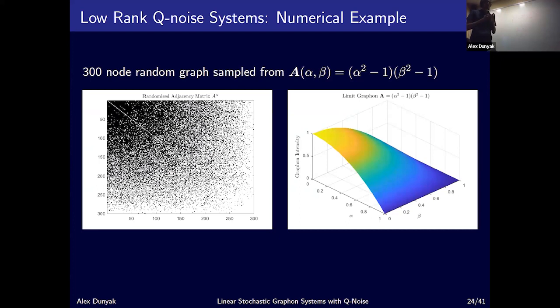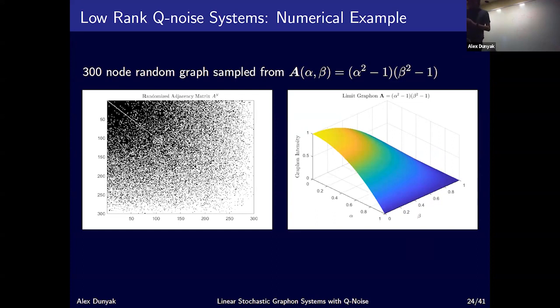So we create our adjacency matrix of 300 nodes, sampled from this low rank graphon here on the right, and we see that on the left we have this complicated non-smooth adjacency matrix where obviously the top left is more connected than the rest of the system, but it's not clear what behavior this system has in the limit necessarily.